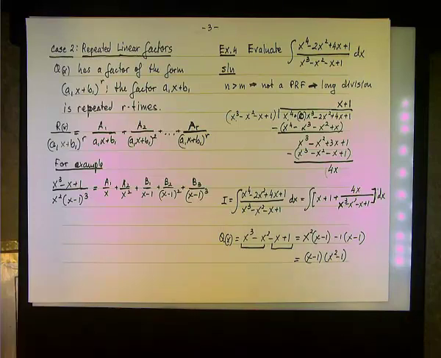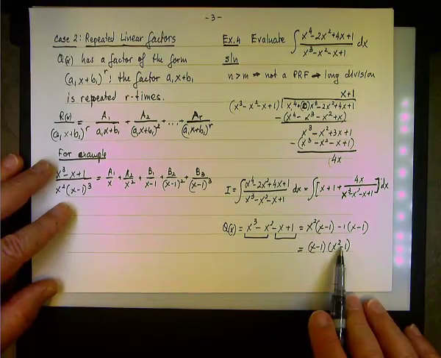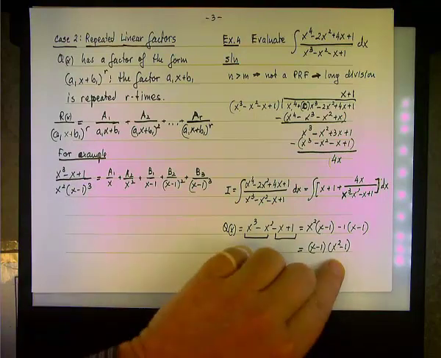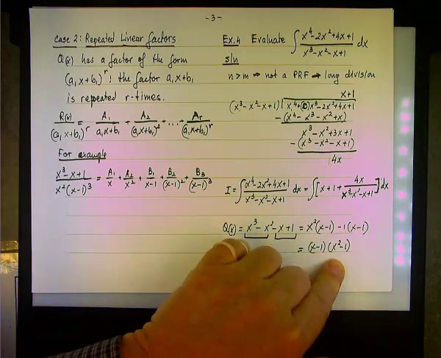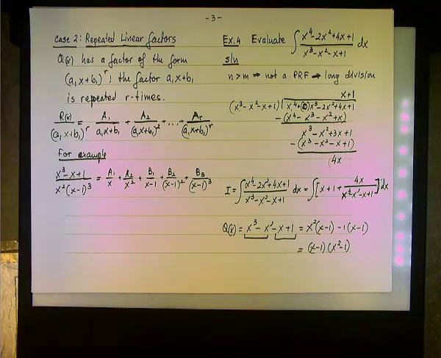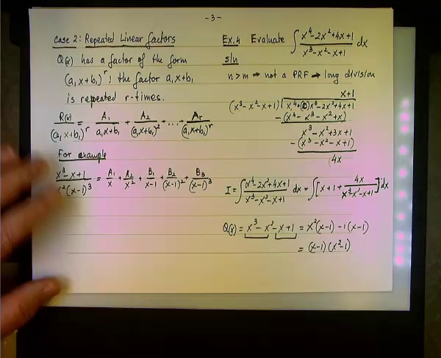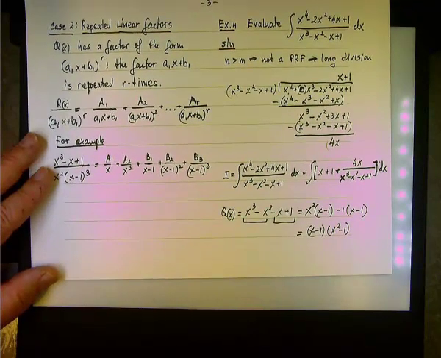Okay? At this point, I can use the previous result because x squared minus 1 is of the type x squared minus a squared, and I know that I'll have the natural log of x minus 1 divided by x plus 1. I don't want to do it because I want to show you how to deal with repeated linear factors.